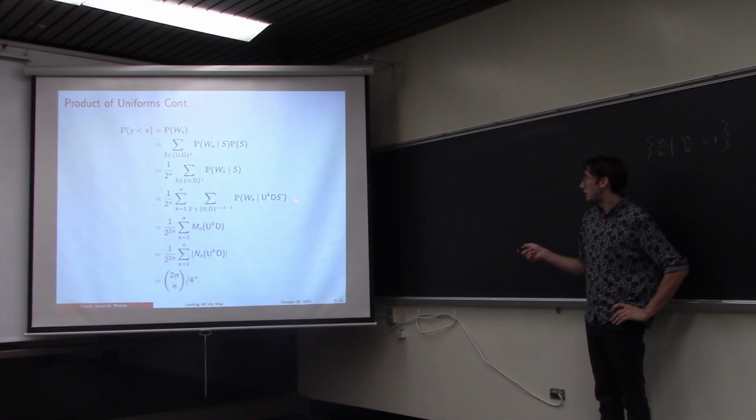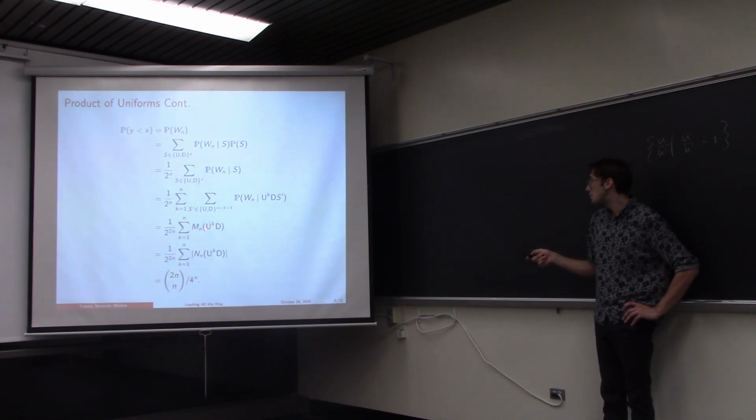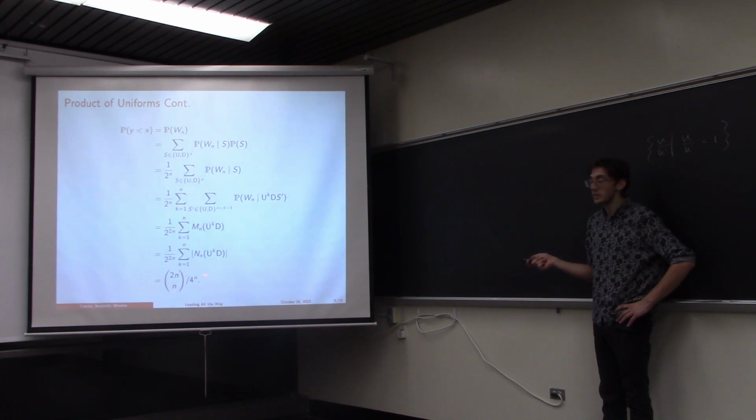But this quantity here is just Mn UKD, which we proved on the previous slide is equal to the cardinality of this set. And we got an extra 1 over 2 to the n from this definition, so that's why there's now 4 to the n here.